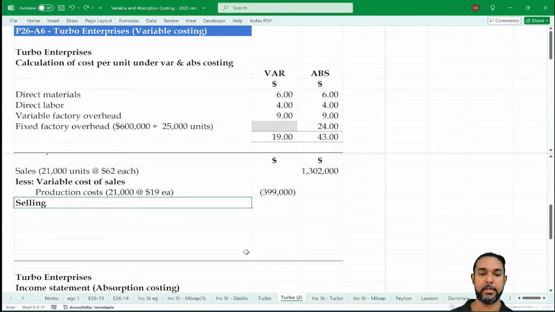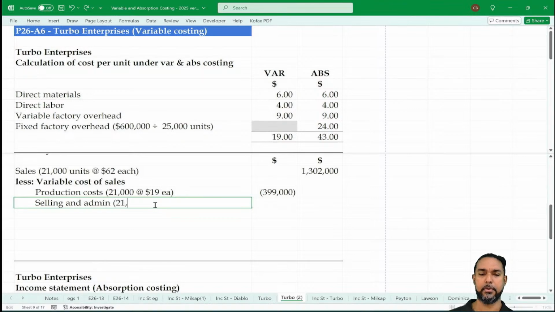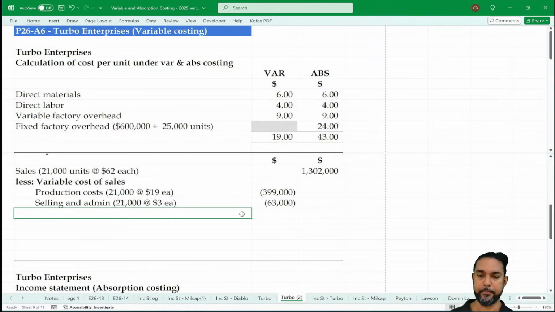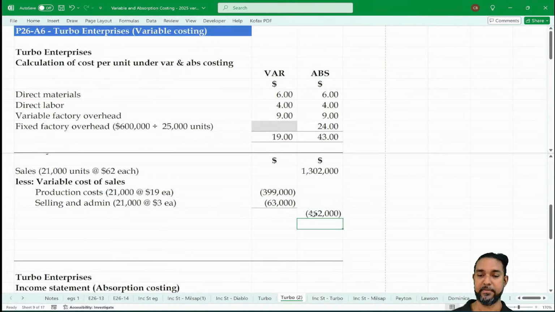All right. So selling and admin. We have 21,000 at $3 each, right? We're going to add that together and get 462. We're going to pull it across, and that's the variable cost of sales there.